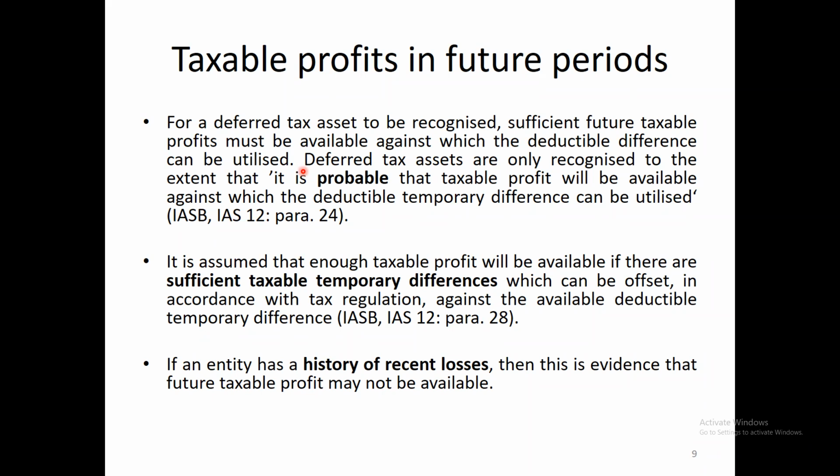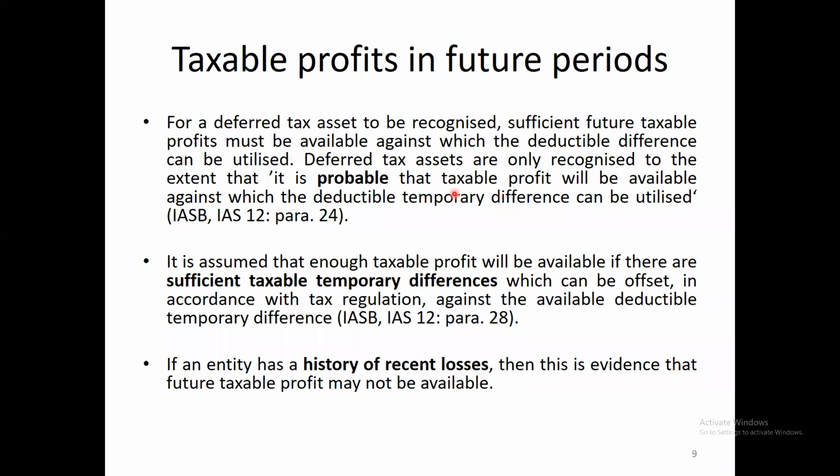Then only you can show it as an asset. Likewise, you can show a deferred tax asset. You have to have a future taxable profit. Otherwise, you can't recognize it.